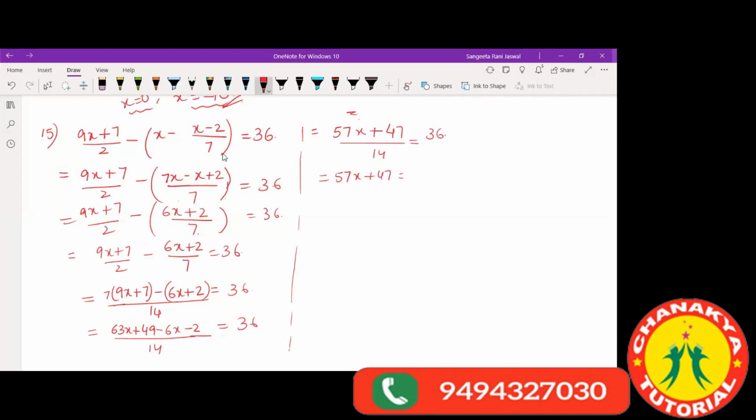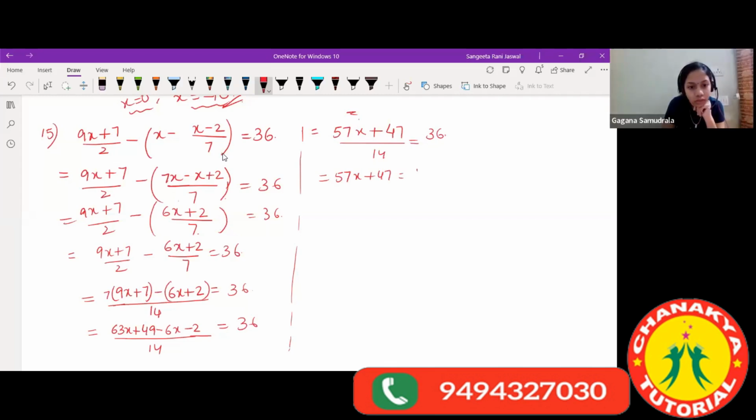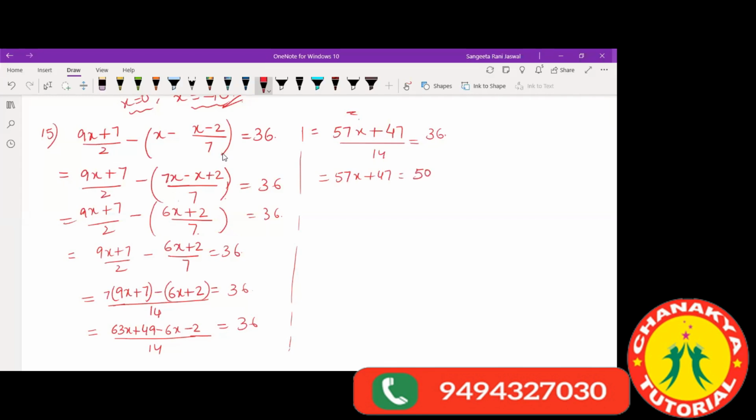Now 14 when it goes on the other side gets multiplied with 36. So 14 into 36 is how much? Please do it and tell me the answer. Ma'am, 504.